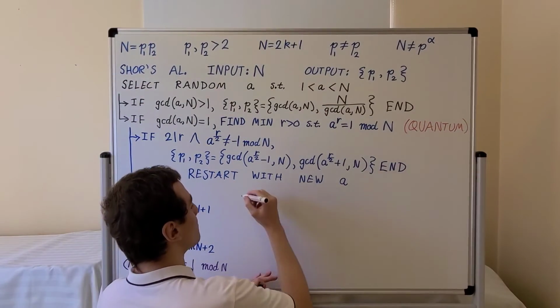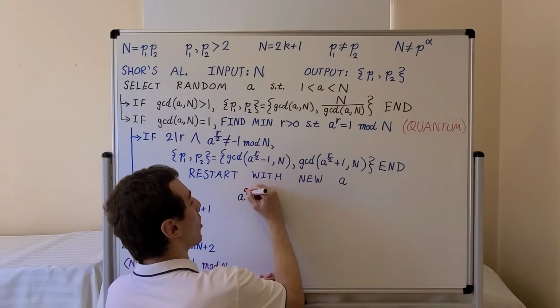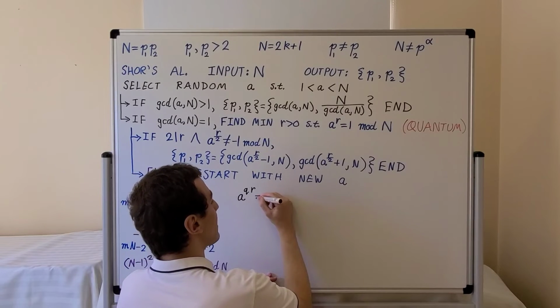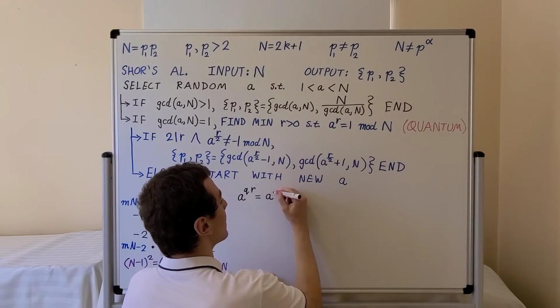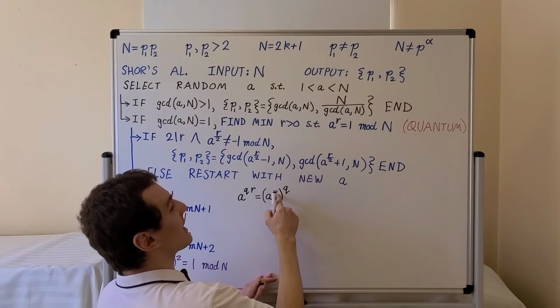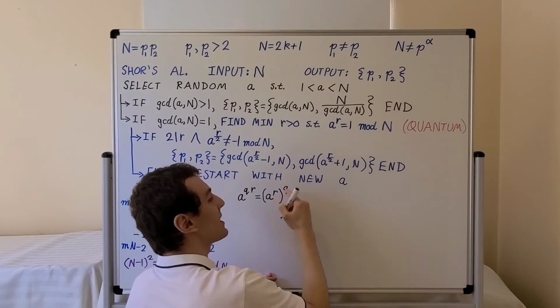We mean that if we have a to the power of qr, where q is some positive integer, this is the same as a to the r raised to the power of q. And a to the r, by definition, is equal to 1. So then we have 1 to the power of q.